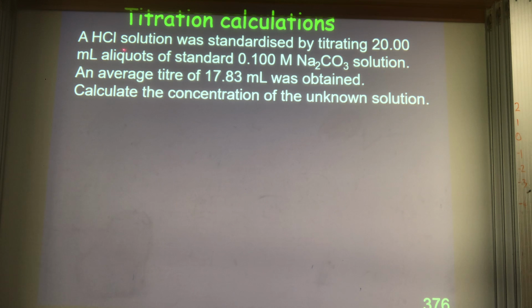Magic word, aliquots. So what went in the pipette? Sodium carbonate. That means the HCl went in the burette. The titer is what came out of the burette, so that means 17.83 mils is our volume of HCl. And we can put it all together to work out the concentration of the HCl.